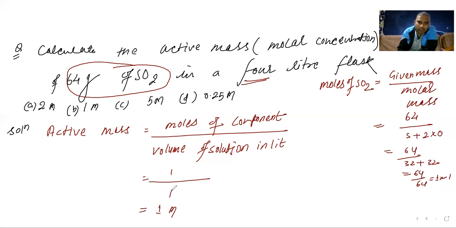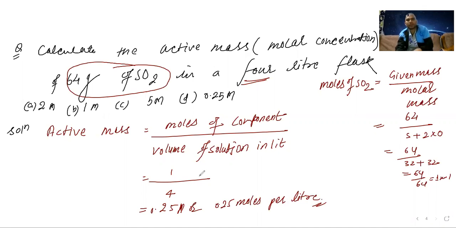So if you are calculating 1 upon 4, it is going to be 0.25 molar, capital M, or 0.25 moles per liter. This is our answer.